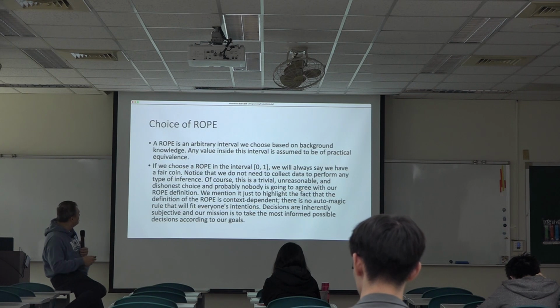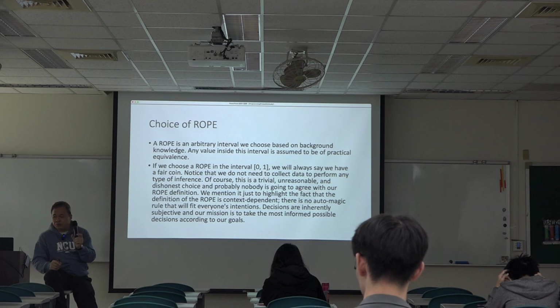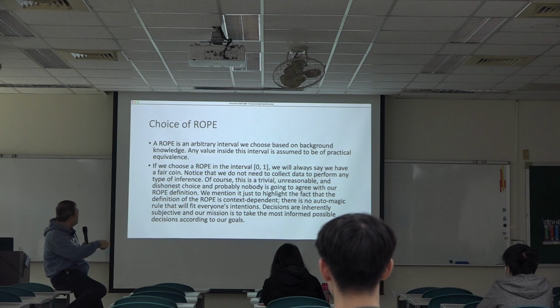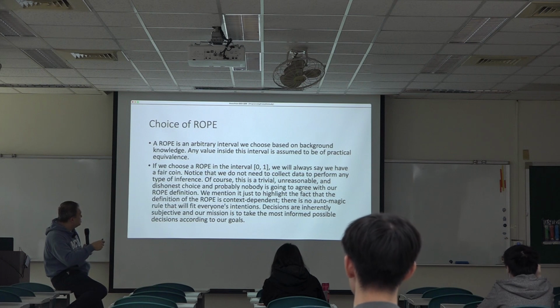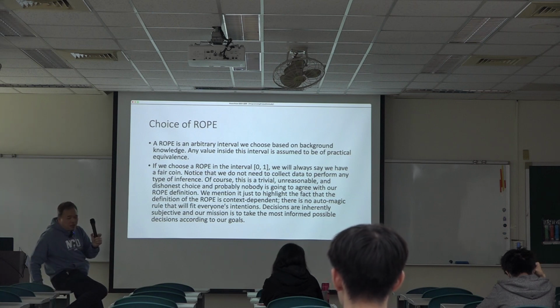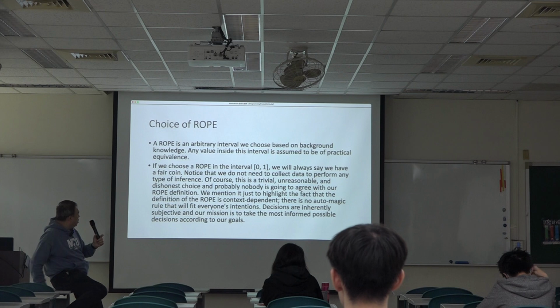But anyway, of course ROPE is an interval, right? So how do we choose an appropriate ROPE? This is based on background knowledge. Any value inside this interval is assumed to be of practical equivalence. So you could choose the fair coin to be between 0.45 and 0.55, or you can choose the ROPE for coin fairness to be the interval 0 to 1.